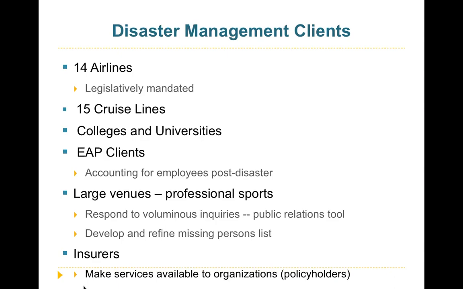Other types of business industry are not required. However, we are increasingly seeing that the model that was initiated by aviation really does not only make a lot of sense, but it is a very efficient way to respond.